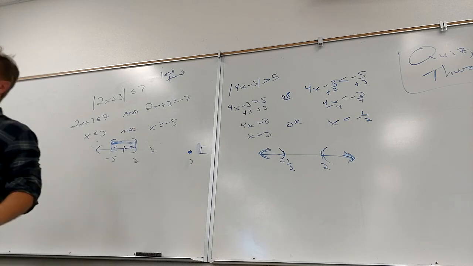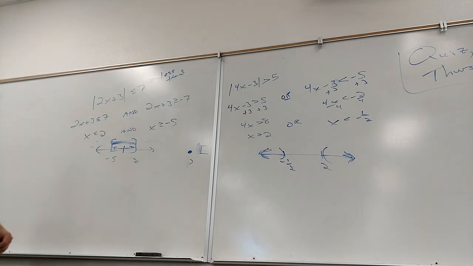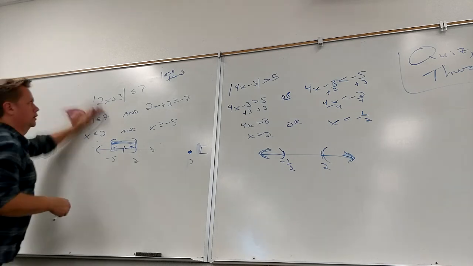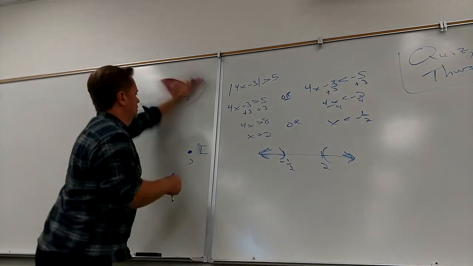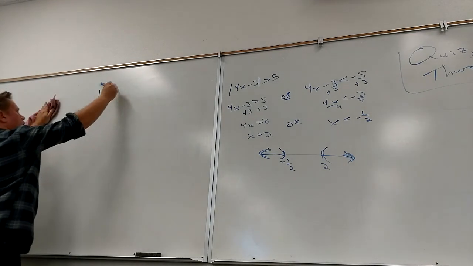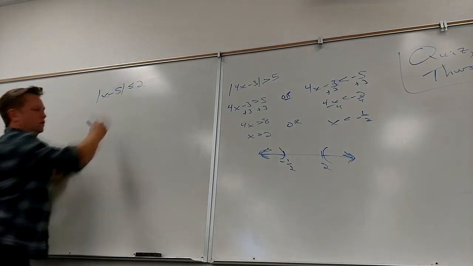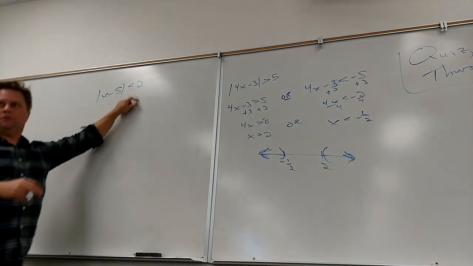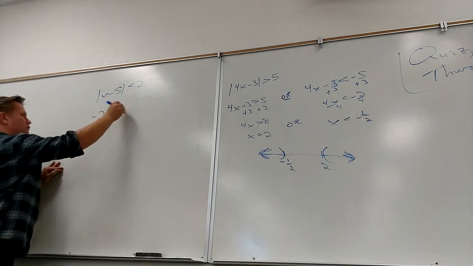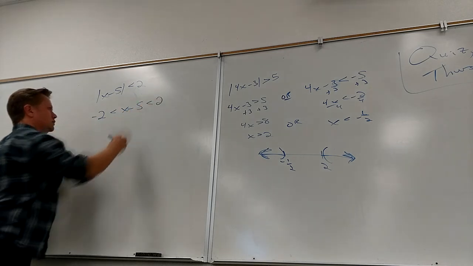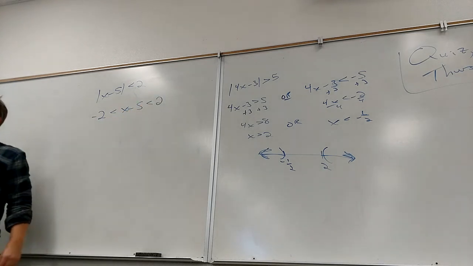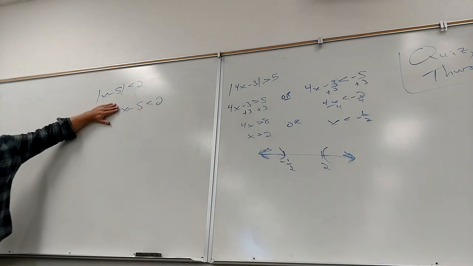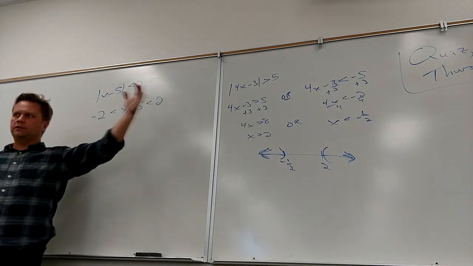Yes? Can you finish 2A? Which one was 2A? Yeah, let's see here. So I don't know which way you like better. I really would love it if the more you guys got to do, you just do this automatically. So it's that and that, so you can put it together.